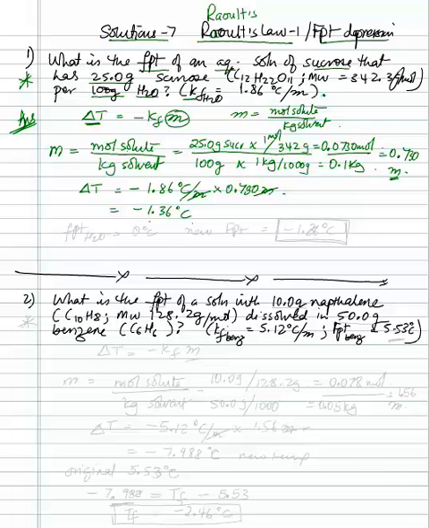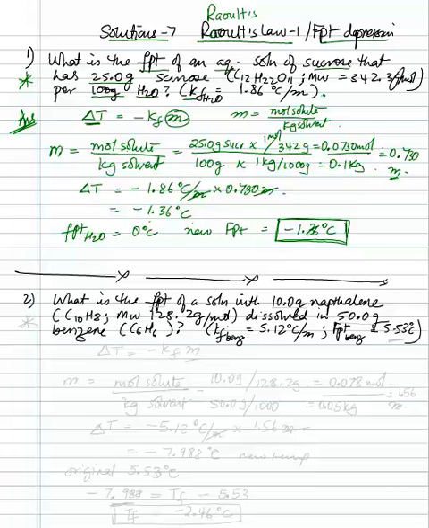Now the freezing point of water is 0 degrees Celsius. So the new freezing point is going to be minus 1.36. Always remember that your freezing point is going to depress, so your answer will always be lower than the original. For water it's fairly easy because water is 0 degrees Celsius. So that's your final answer there, minus 1.36 Celsius.